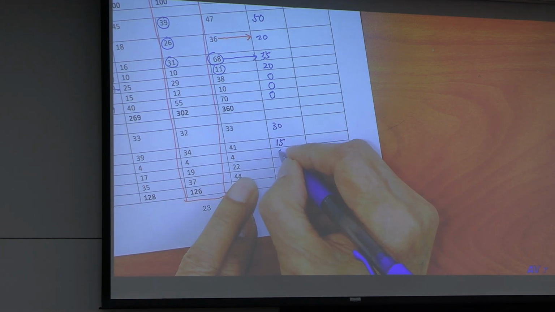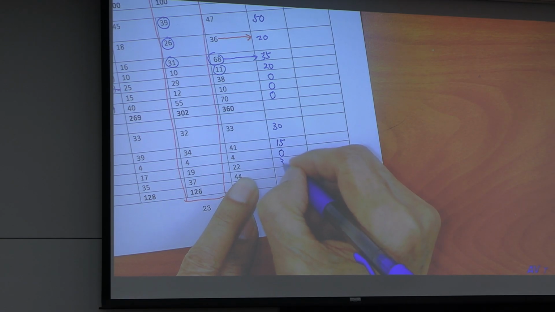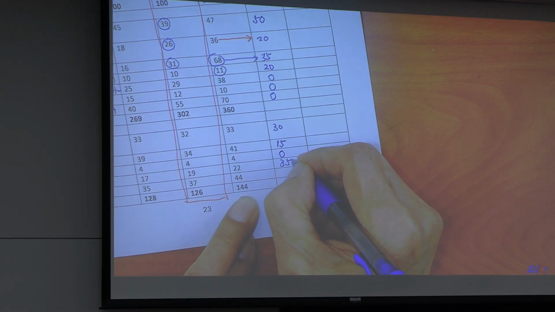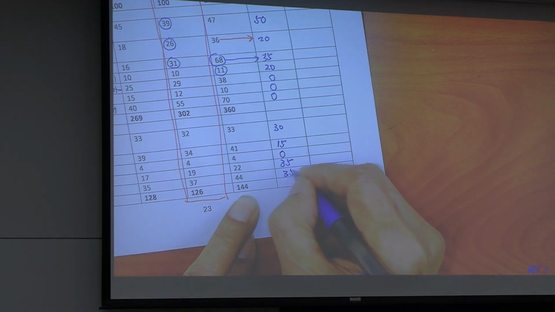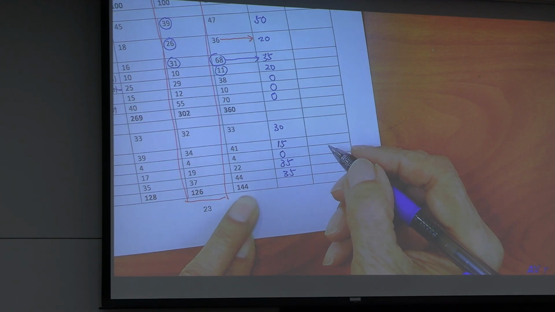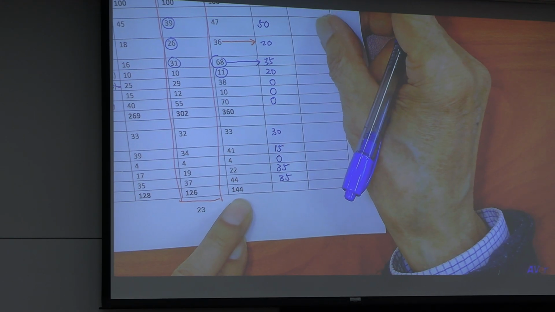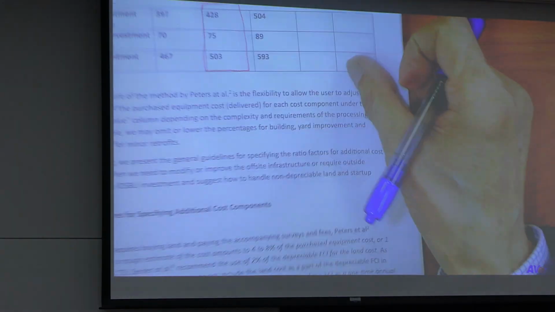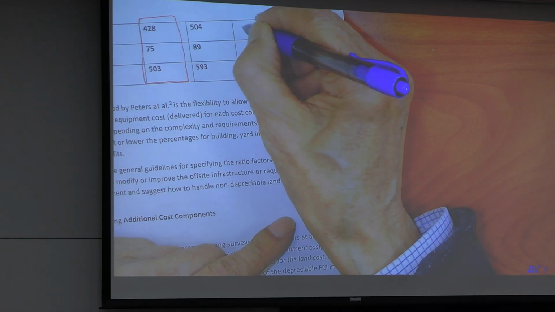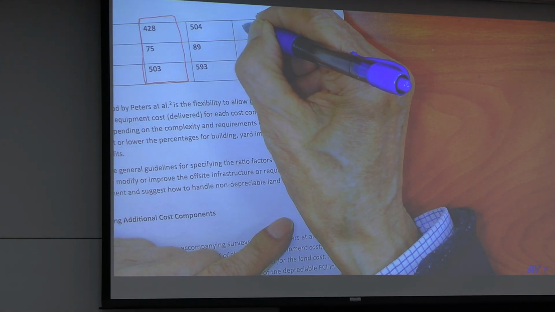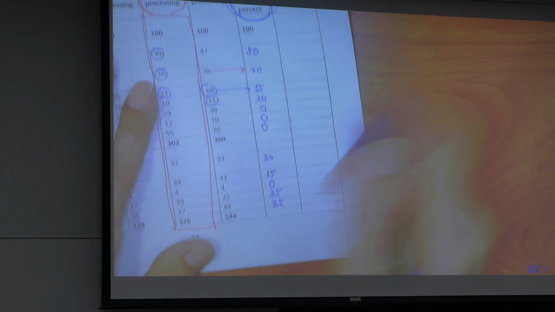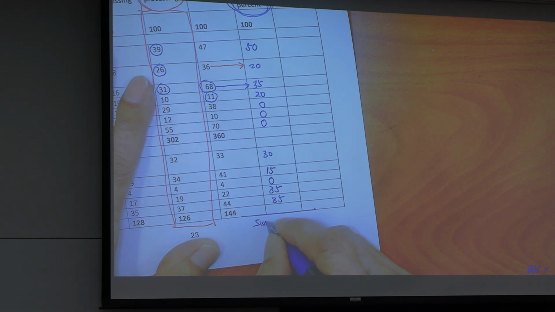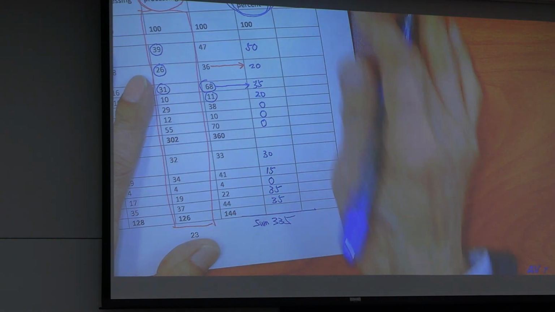Legal expenses, 0. Contractor's fee, 35. Contingency, 35. Okay? Now, go to the next page. Total fixed capital investment, sum, 335.